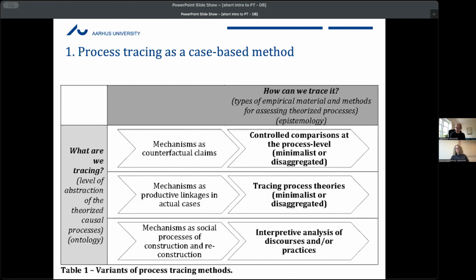It really depends on your theory and your level of analysis. Are you looking at some kind of process theory about large demographic changes, for example? Then statistics are going to be very relevant tools to gain empirical fingerprints of processes playing out. So process tracing is more of a research design than a method per se.